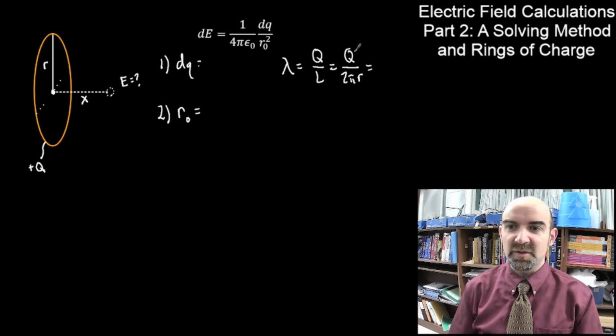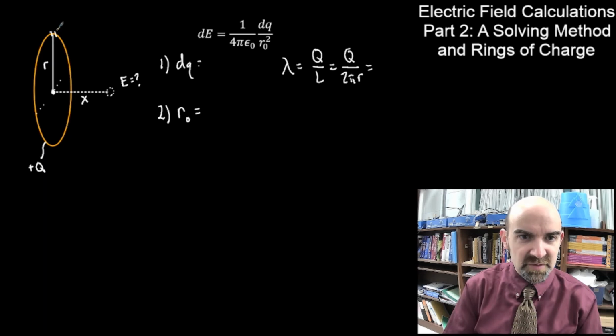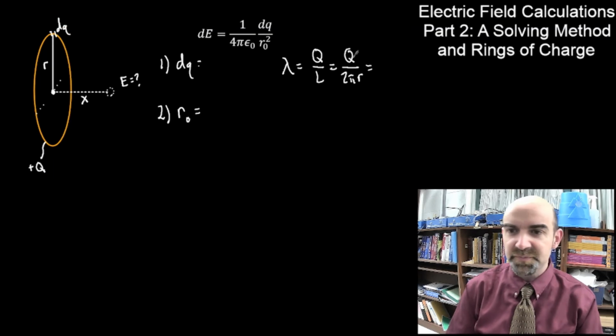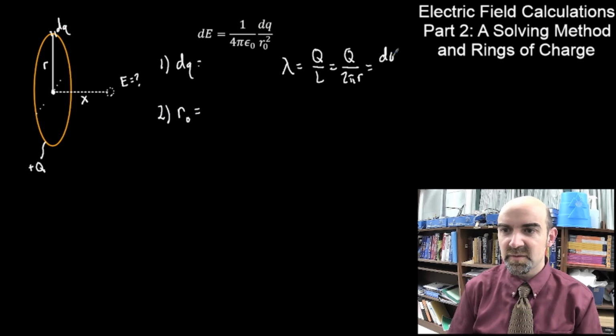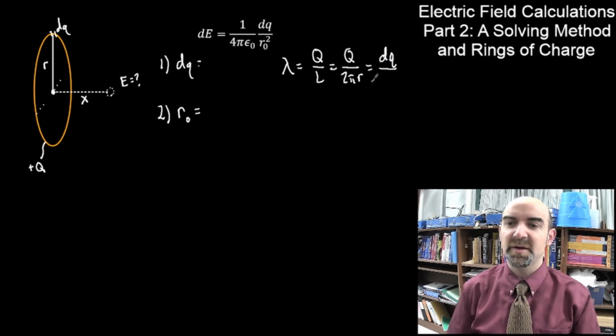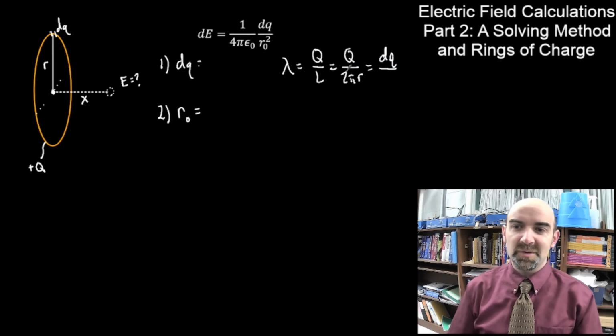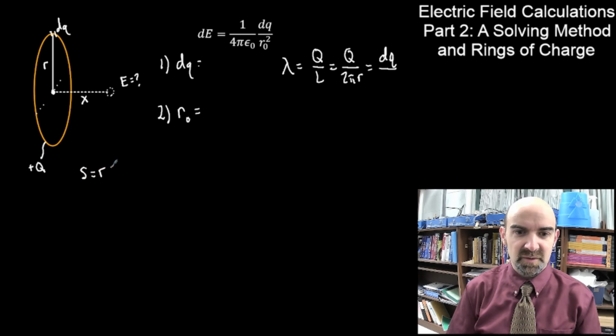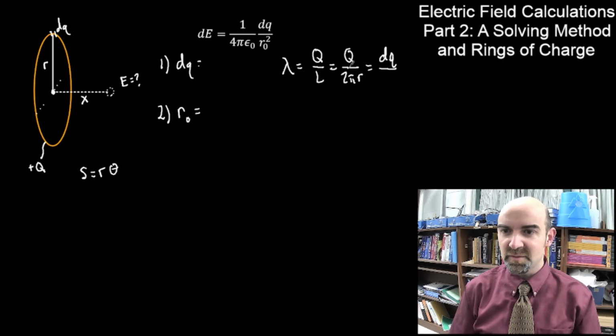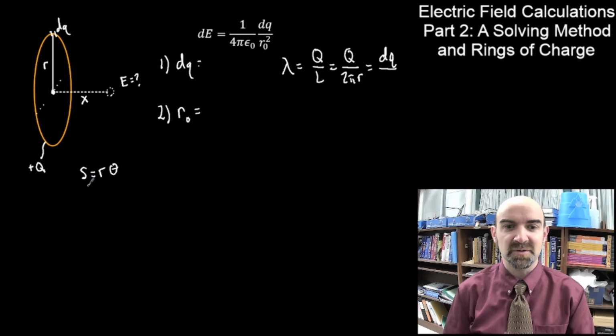In terms of dq, if we look at a little tiny piece of that ring, dq, there it is, up top there, we need to look at an arc length as we go around. So if s is the arc length, equals r theta, what's the total arc length of a circle? 2 pi is theta times r, and that gives us the total arc length.